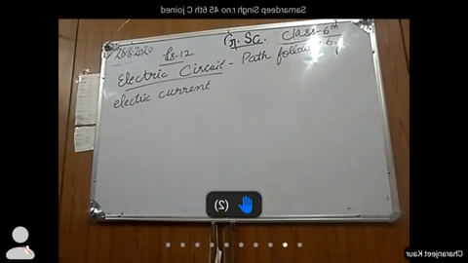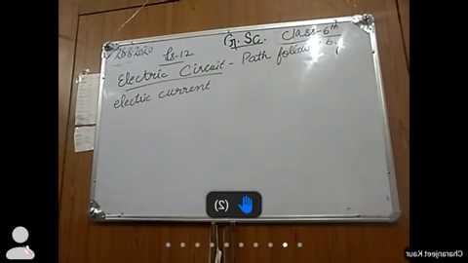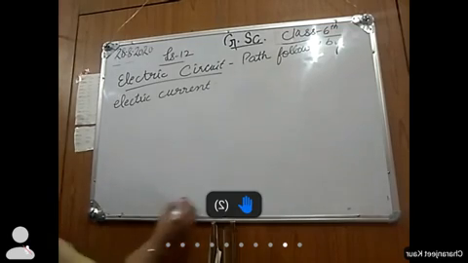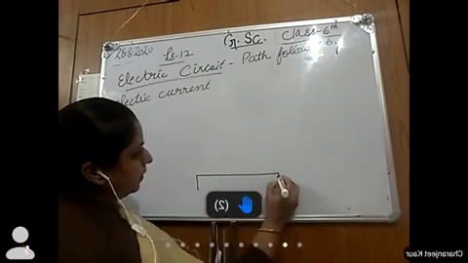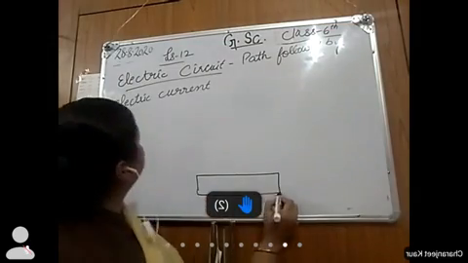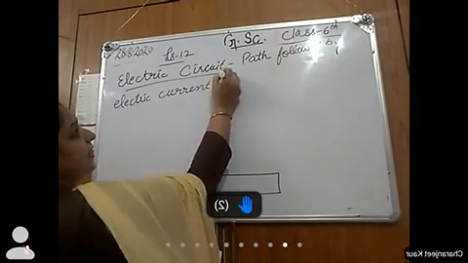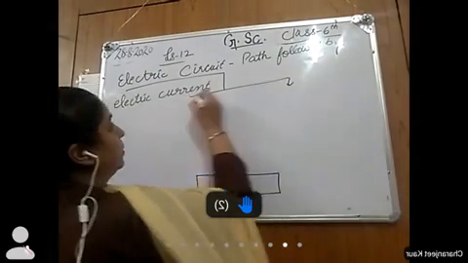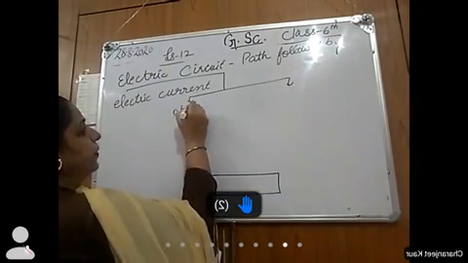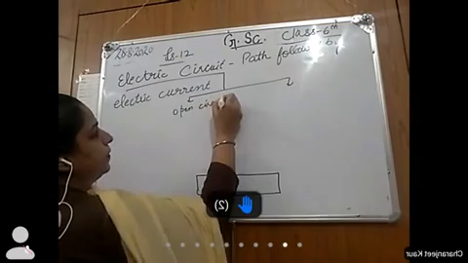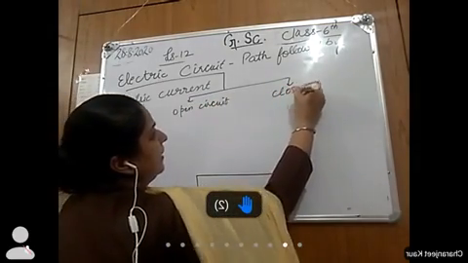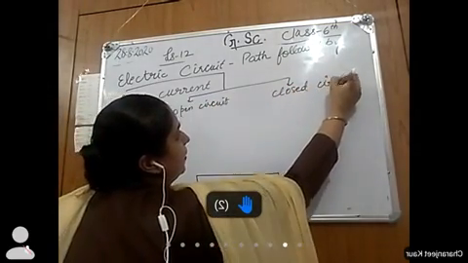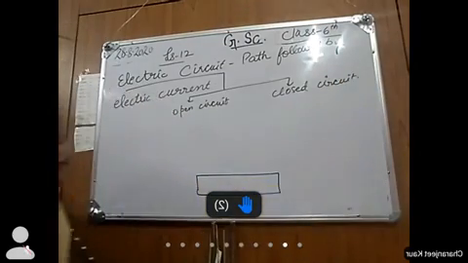Now students, let me tell you how you can draw the electric circuit. You can take this board. Before that, electric circuit can be of two types: open circuit and closed circuit. Now what is the meaning of this?